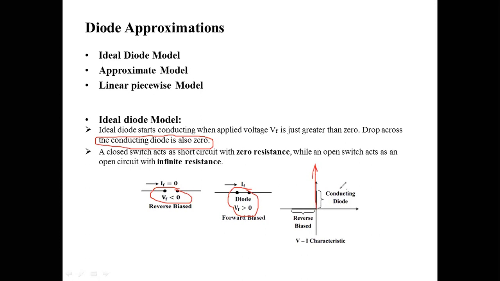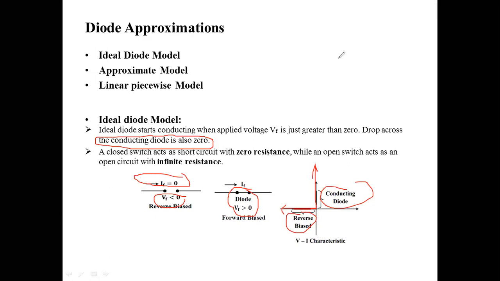It is a conducting diode, shown as the forward characteristic. And the reverse bias condition? Whatever voltage you apply after 0, the current is 0 only, because it is an open circuit, as you can see shown here. The moment Vf becomes less than 0 or negative, If, the current, is 0, shown with this line, and that is a reverse bias diode.